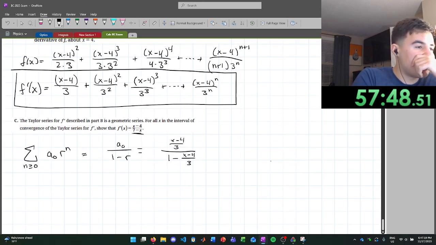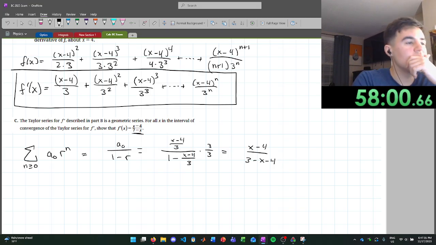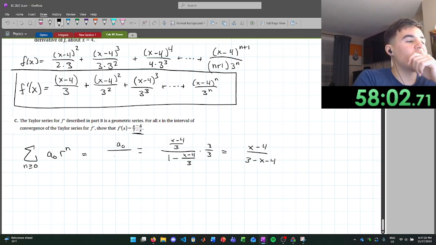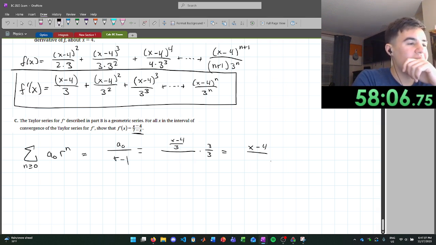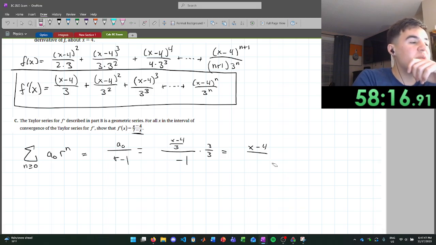So this is then going to become 3 at the top, 3 at the bottom. We end up with (x minus 4) over 3 minus (x minus 4). I think it actually might be r minus 1. Let's try r minus 1 instead. Nope, I just distributed the minus sign wrong.